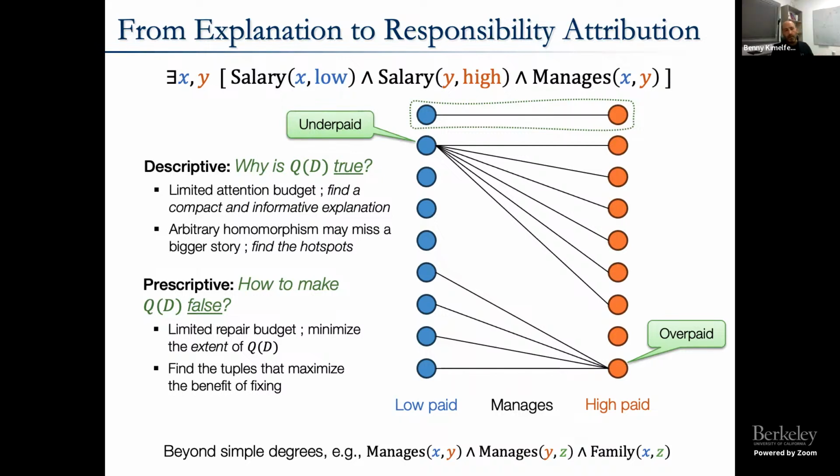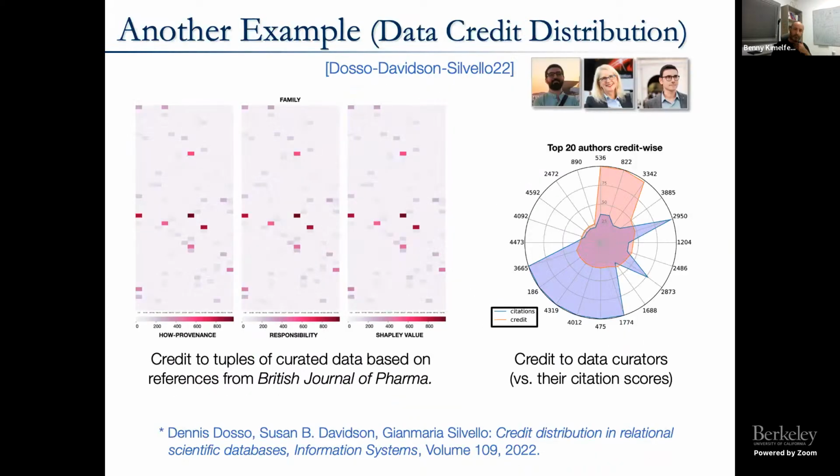Okay, a more serious use case is, for example, in this work of Dosso, Davidson, and Silvano, where they looked at the problem of data credit distribution. They wanted to quantify the credit of data sets according to their contribution to scientific publications, data sets and data curators.